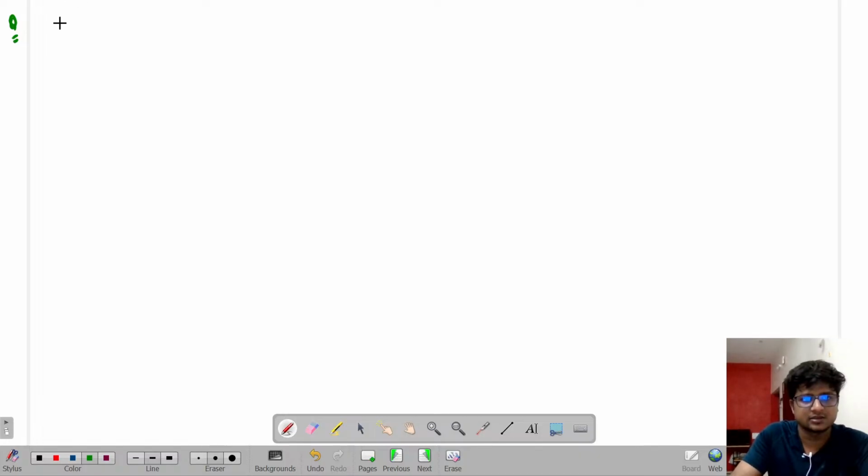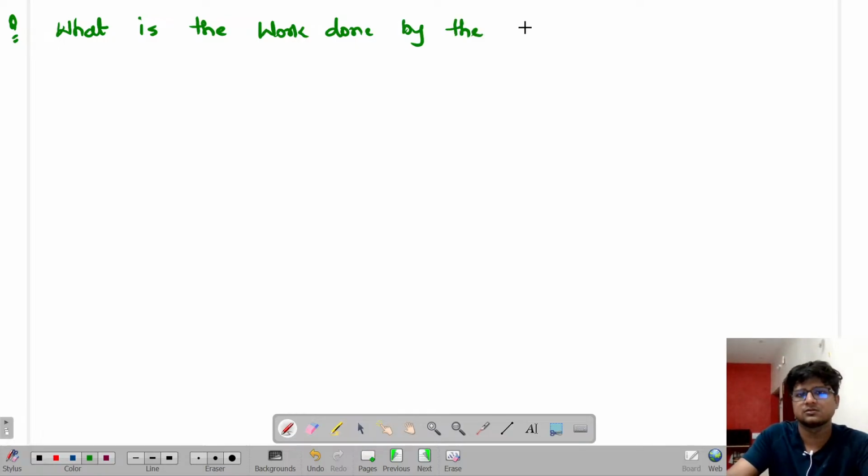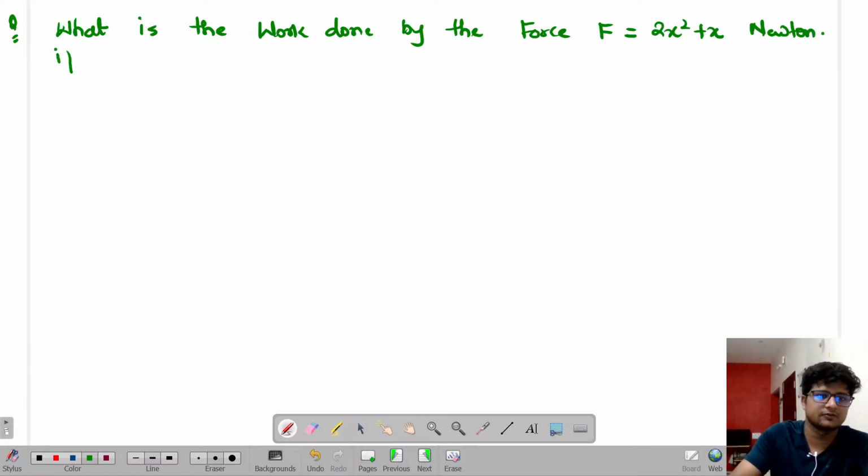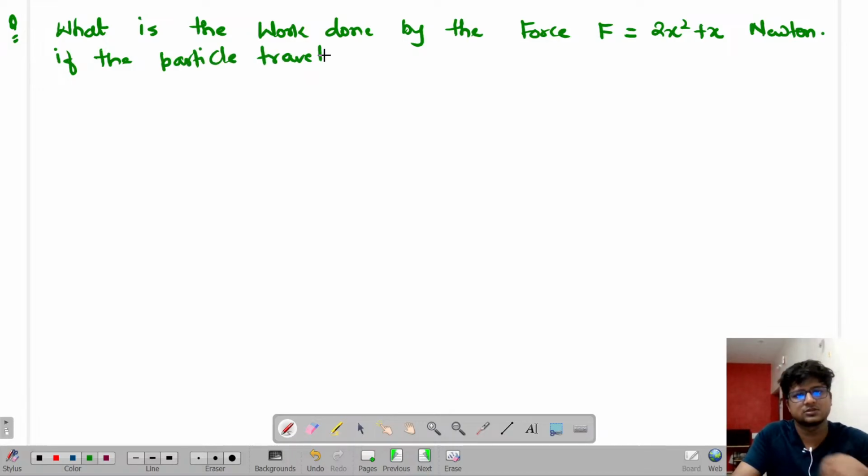What is the work done by the force F equal to 2x square plus x Newton if the particle travels from x equal to 1 meter to x equal to 2 meter?